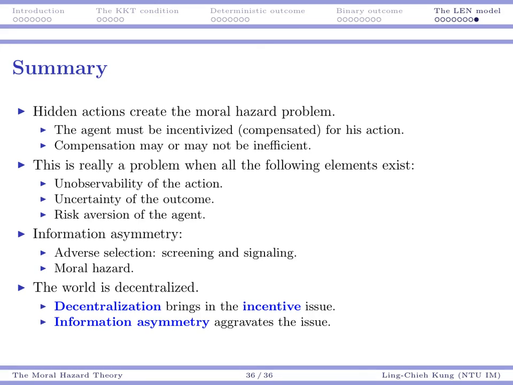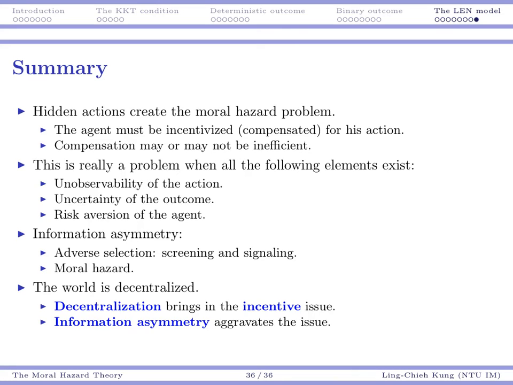The whole thing of this series of lectures is that the world is decentralized, right? And the decentralization may bring in the incentive issue because you cannot control that guy, so you need to provide incentive for that guy to do something.